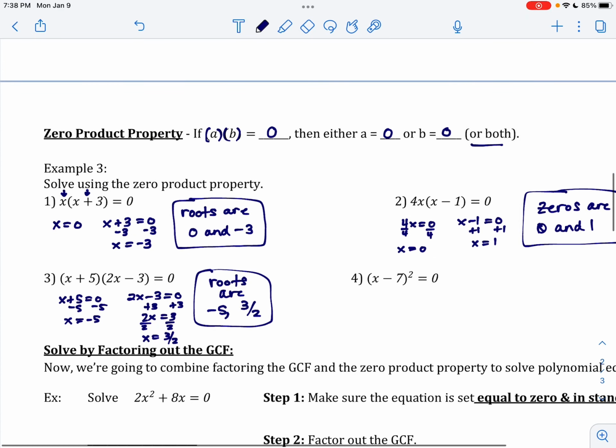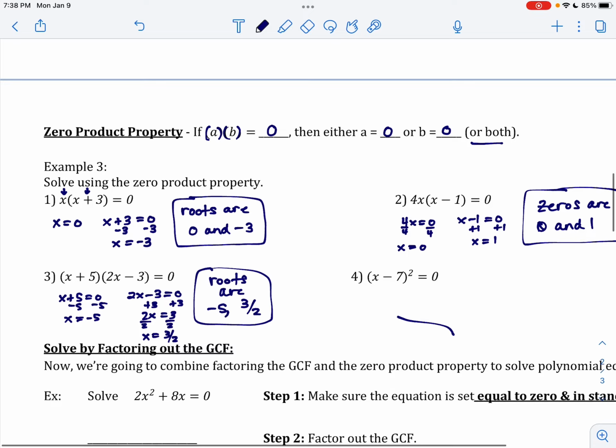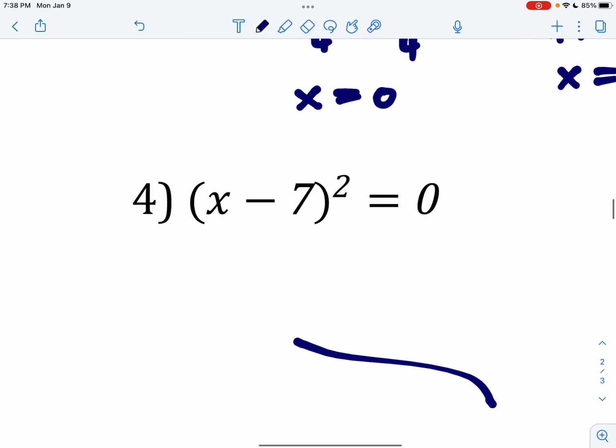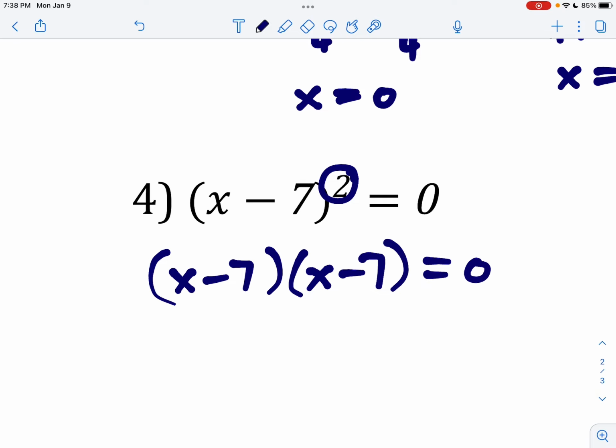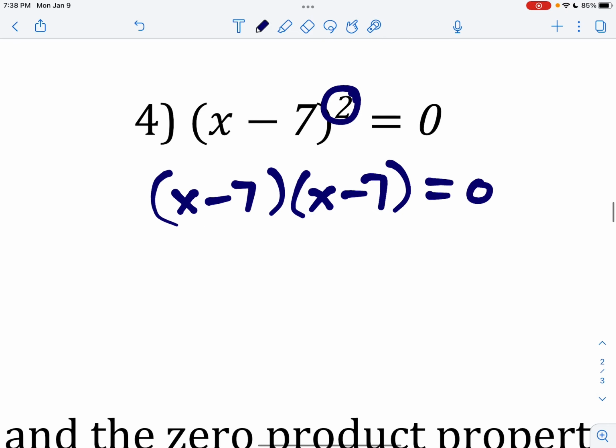And then the last one, remember when we have x minus 7 quantity squared, this says that I need to write this thing 2 times. So when I do that, I get x minus 7 is equal to 0.